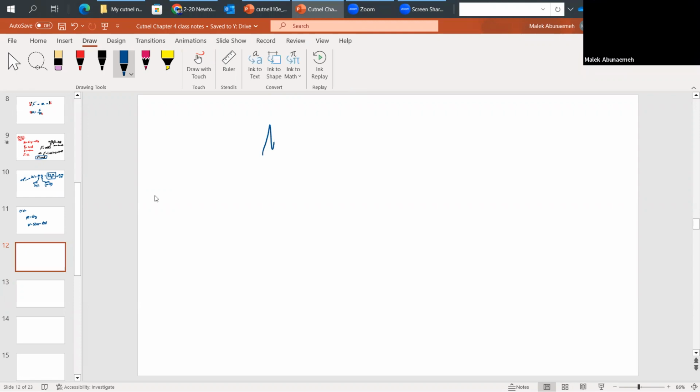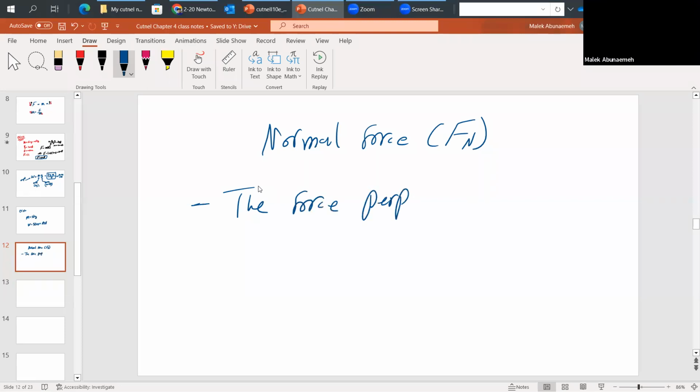Your normal force, which we give as Fn, is the force perpendicular to the surface that it exerts on the object.